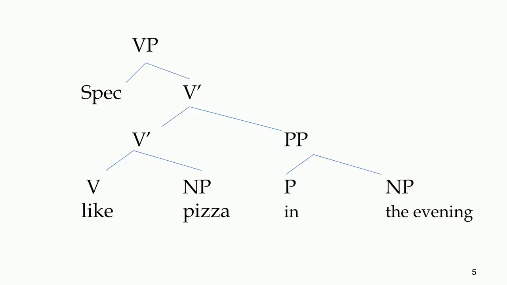And then as the complement of the I, we have a VP. Today we are looking at the elements within the VP and the relative distance of those elements within the VP, and what it is that the relative distance of elements in the VP can help us understand.